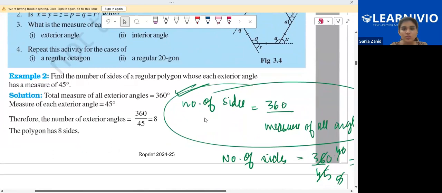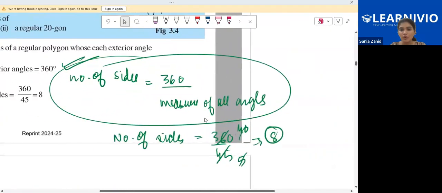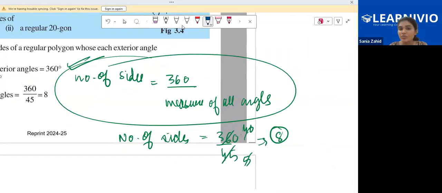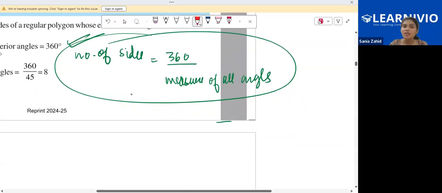Next is you do this example. What does this example say? First of all, you need to learn this formula. The number of sides of a regular polygon is equal to 360 degree divided by measure of each exterior angle. Now, for example, you have a regular polygon and I'm asking you to find the number of sides of that regular polygon. I say each of its exterior angle measures 60 degree.